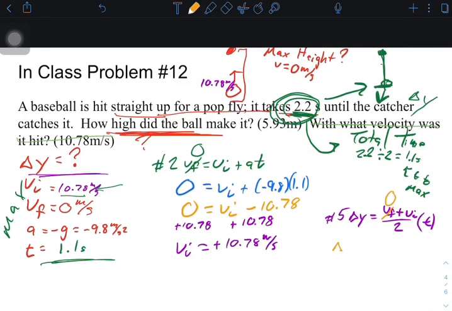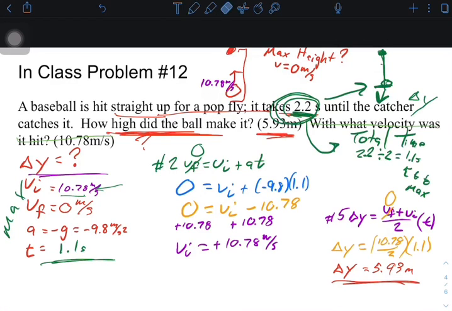So my delta y is equal to 10.78 divided by 2 times 1.1. And when we do the algebra, my delta y is equal to 5.93 meters. That is my answer for right here.